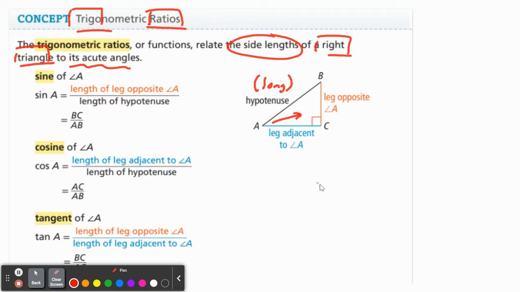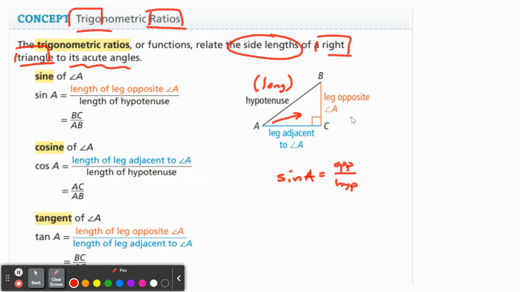Now, there's a shorthand method to write this out. The sine of angle A would be, and we think of it as, opposite over hypotenuse. Most of the time, we also label the opposite side as the lowercase letter from the angle.